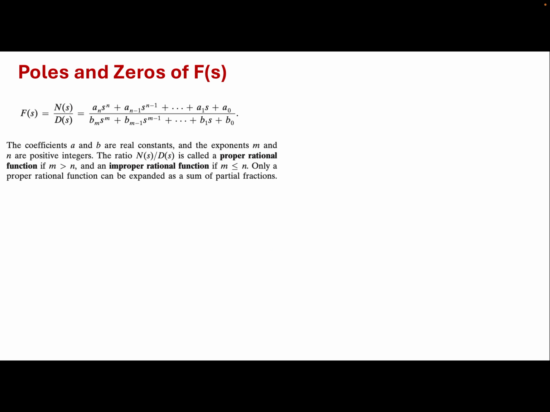All right. So we have seen this equation in the past. This is a rational fraction, and whether it is a proper or improper rational fraction depends on the powers of s. If the numerator has a higher power than the denominator, for example, if n is greater than m, you're going to get an improper rational fraction.